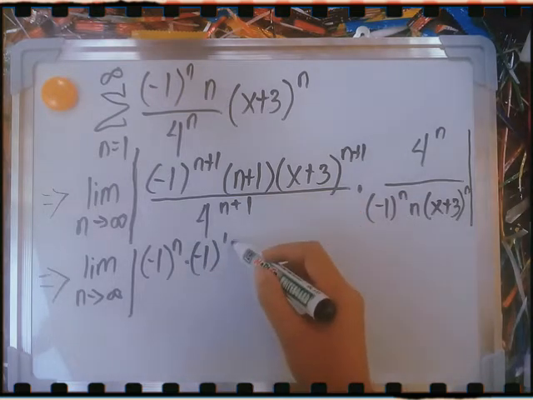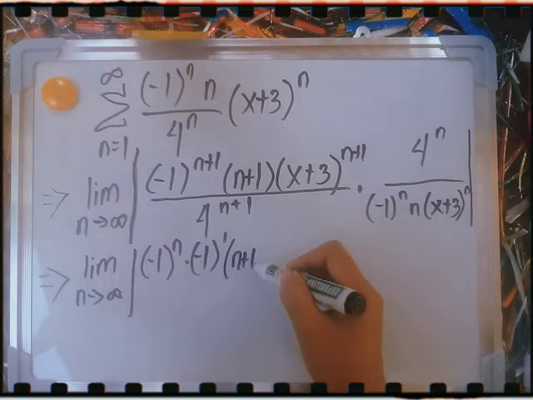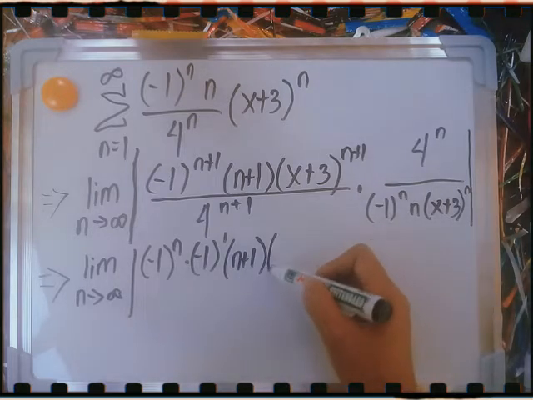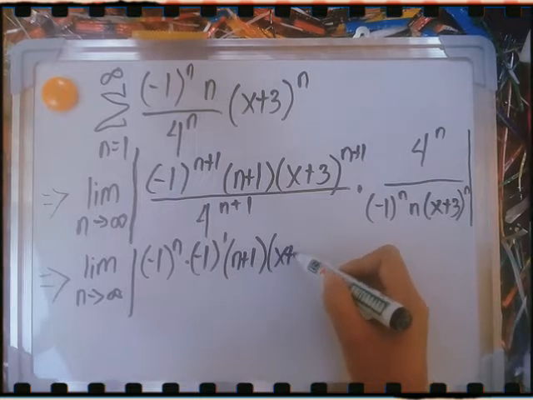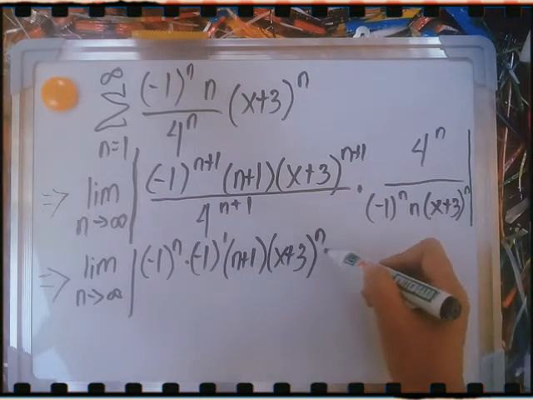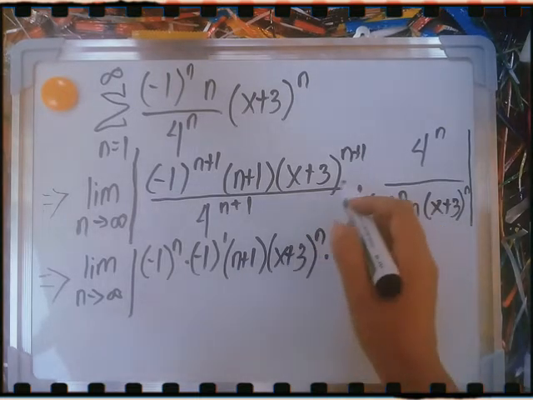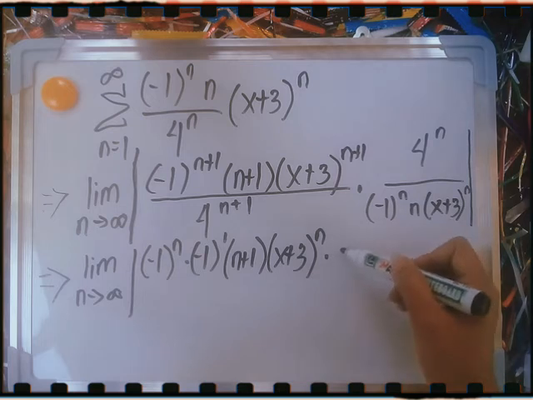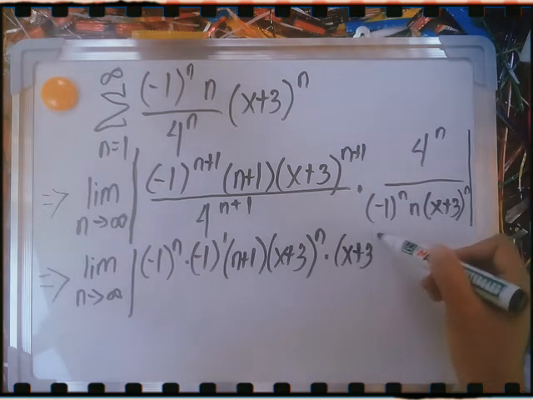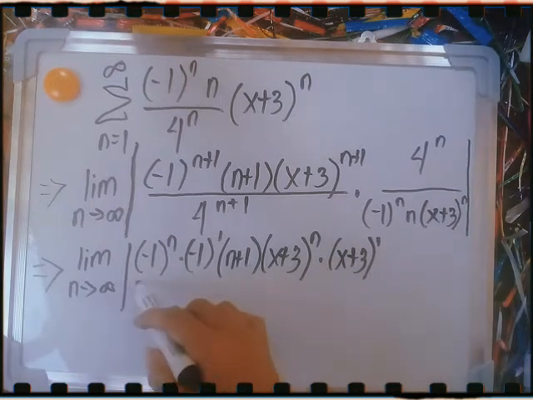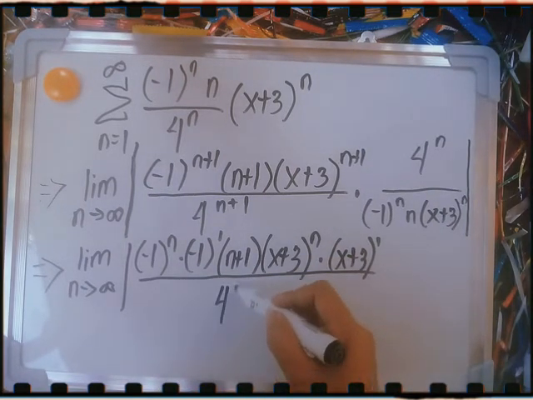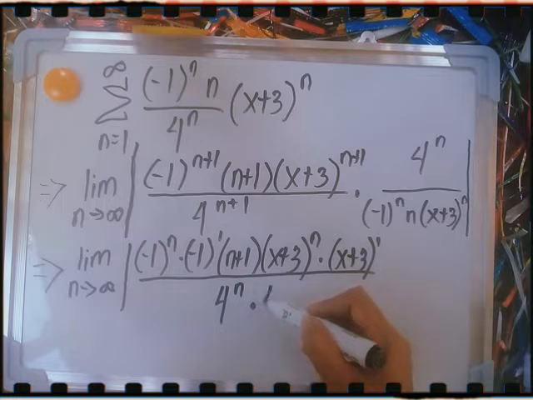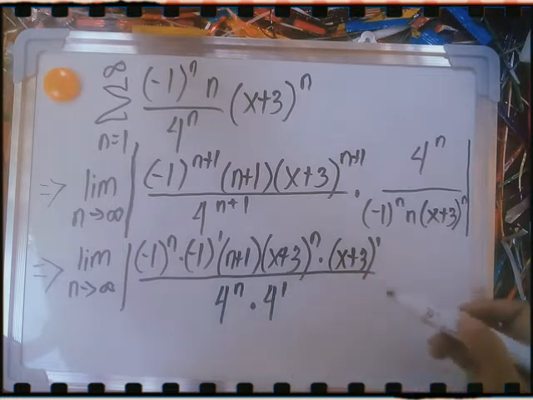And then, times n plus 1 times x plus 3 raised to n times, i-breakdown din natin siya, x plus 3 raised to 1 over 4 raised to n times 4 raised to 1.